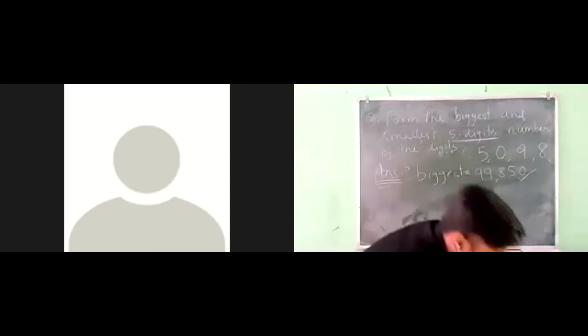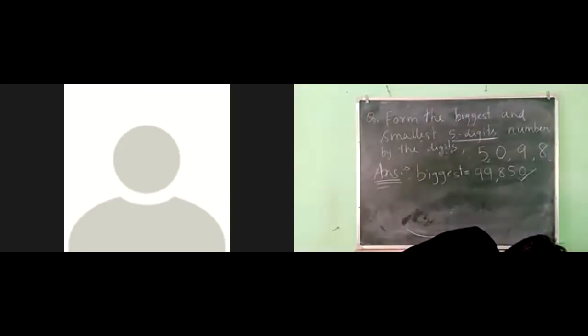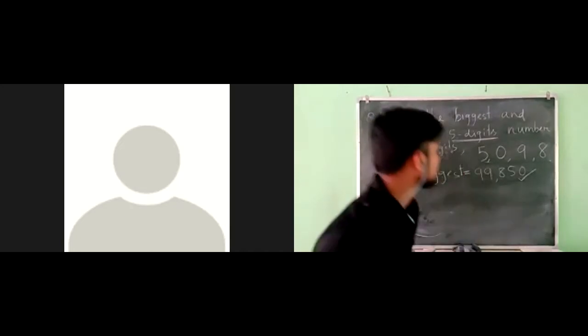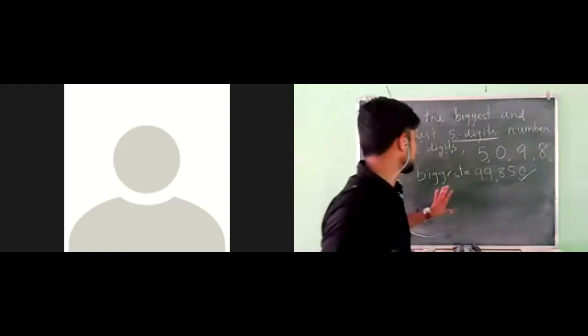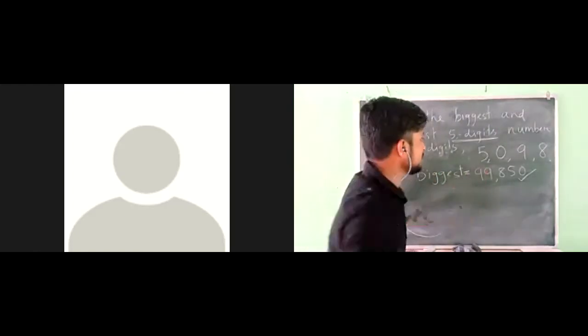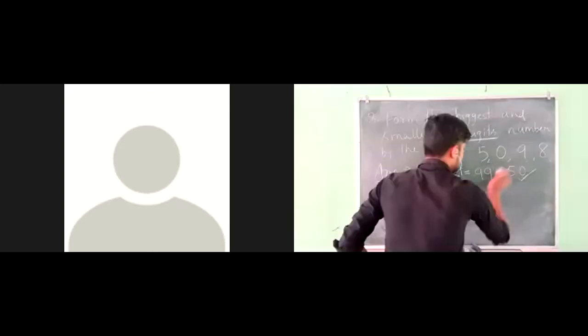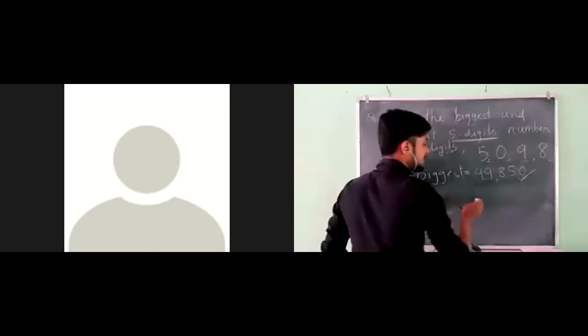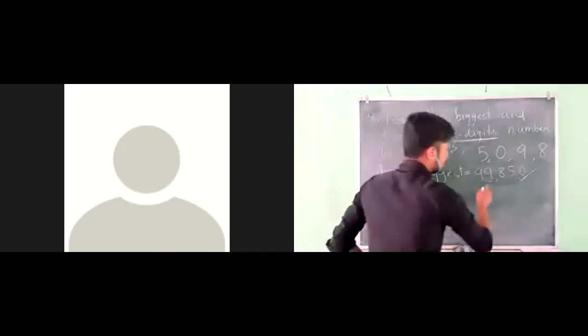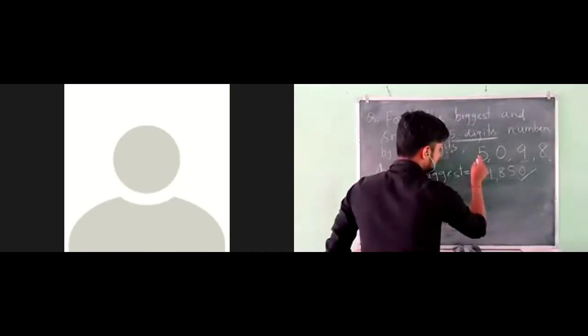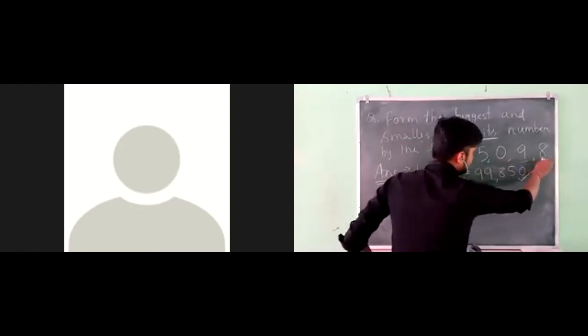While writing the biggest number, what I have said is that you have to repeat the biggest digit. So we have written this 9 two times. Then the next one will be 8, then 5, then 0. Yes, it is correct. Very good.